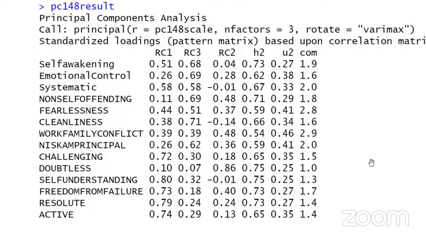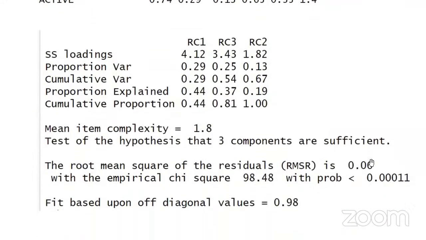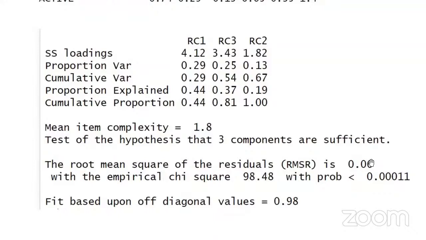Go below. So here you can find the loadings. The eigenvalue is higher in the case of the first factor, that is 4.12, second factor 3.43, third one 1.82, and proportion of variance 29, 25, and 30.